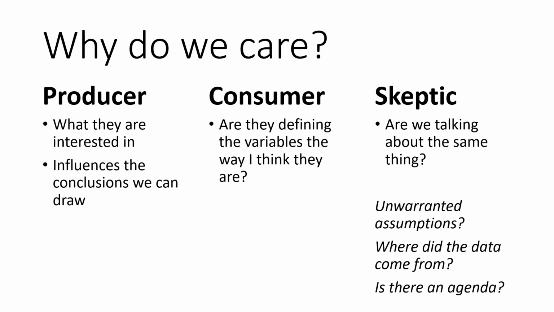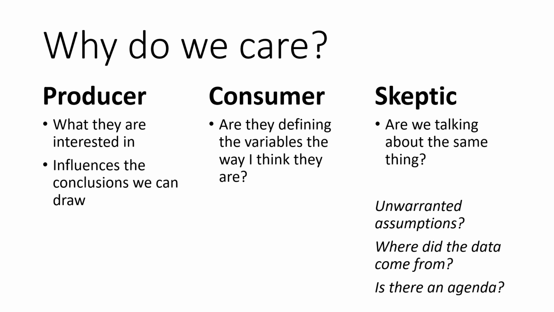So why do we care about the definitions and the types of variables? From the perspective of a researcher, they are the essential elements of a study. They're what the researcher is interested in. The operational definition of the variable also influences the conclusions they can draw. As a consumer of research, we need to ask whether the researcher is defining the variables in the same way that we think they are.